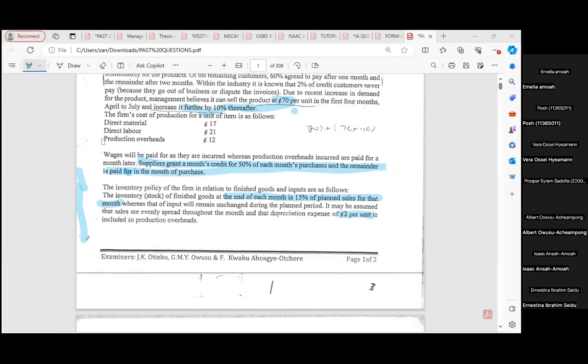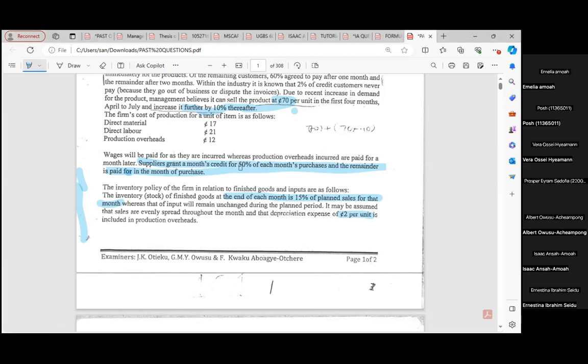Thanks. Okay, so look at this. Suppliers grant a month's credit for 50% of each month's purchase. This first statement here is the credit terms. So this is the second payment, the second or last payment.